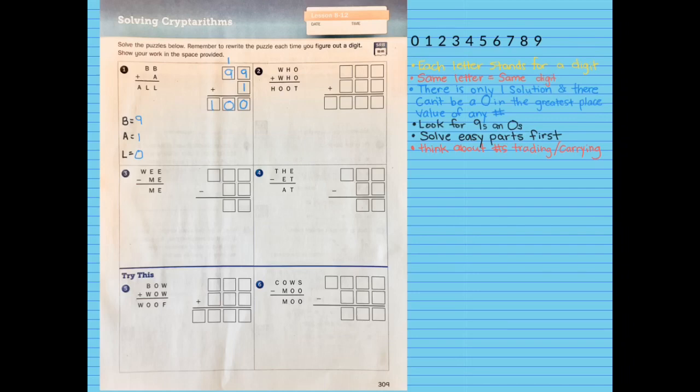So let's think about this. We're going to have a number that carries because we've got a 1 digit plus a 1 digit, and then we've got an extra place value here. So we're thinking of a number in the ones, tens, hundreds, thousands place. So we've got two numbers in the hundreds place that are going to equal a number in the thousands place, okay?